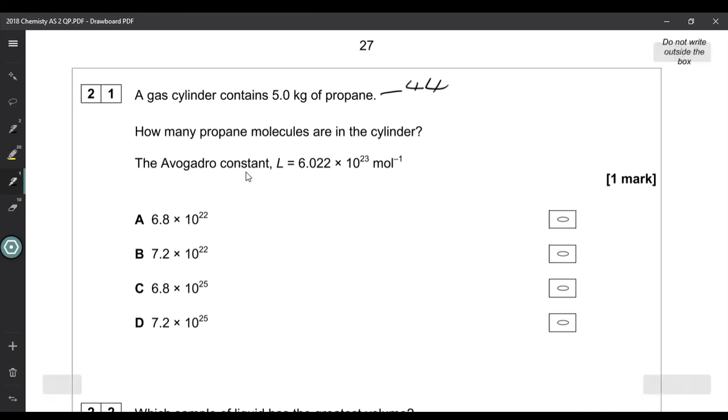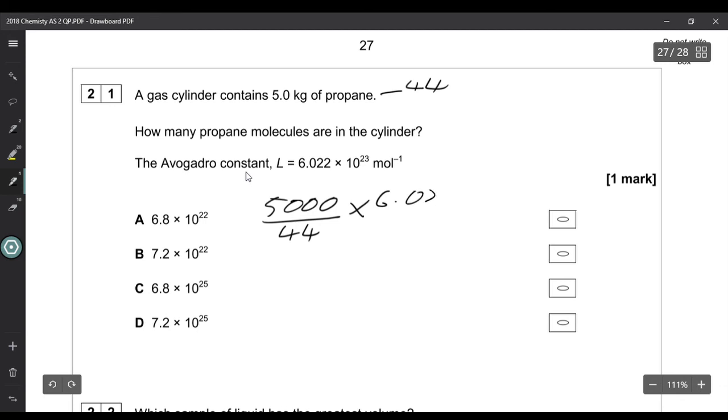Because we've got 5 kilograms, it's 5,000 grams divided by 44. This will give us the number of moles of propane, and then multiply that by Avogadro's constant to give us the number of molecules, and that comes out to be 6.8 times 10 to the 25.